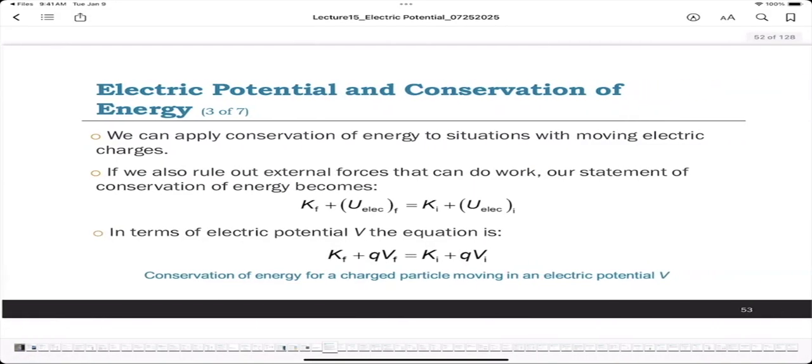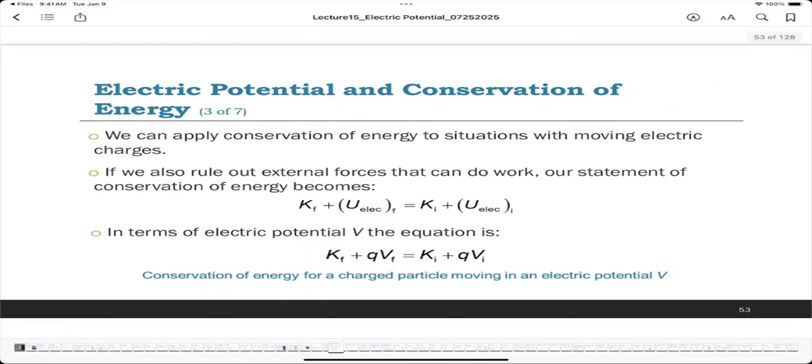Okay, we can apply conservation of energy to situations with moving electric charges. If we rule out external forces that can do work, our statement of conservation of energy becomes Kf plus electric potential energy f equals Ki plus electric potential energy i. Do you know what the f and i are?